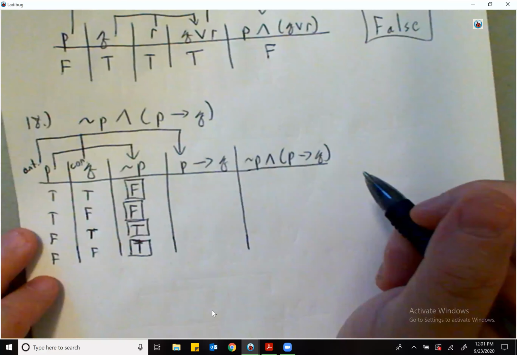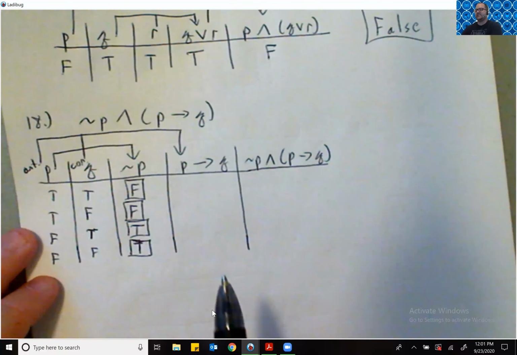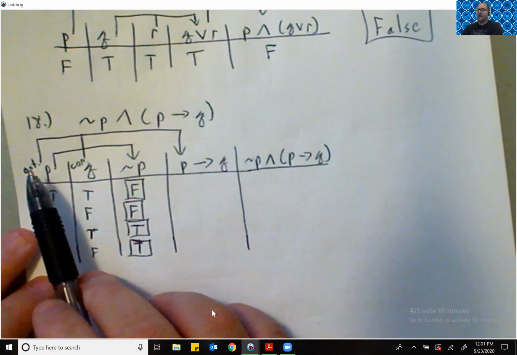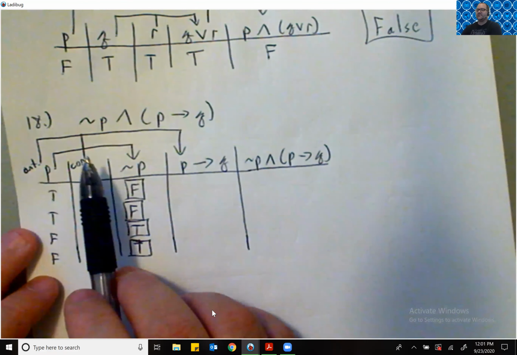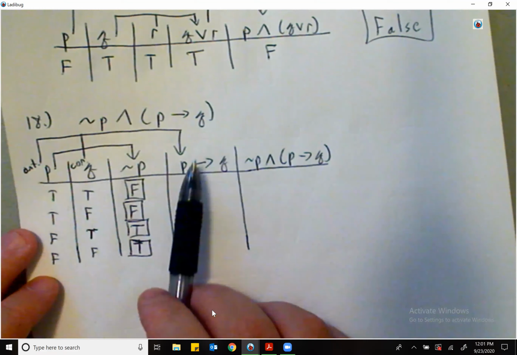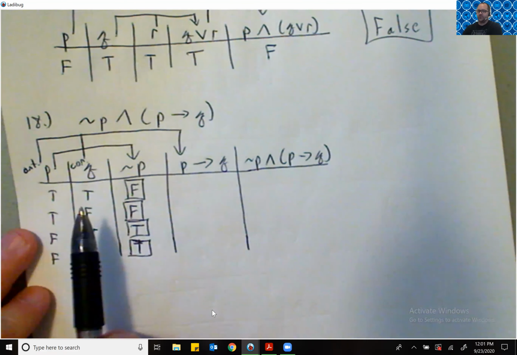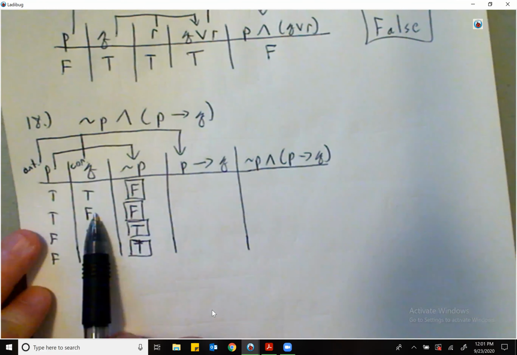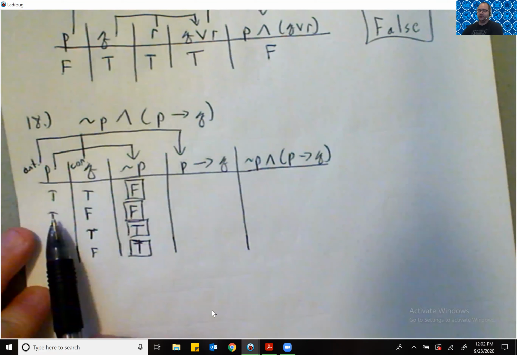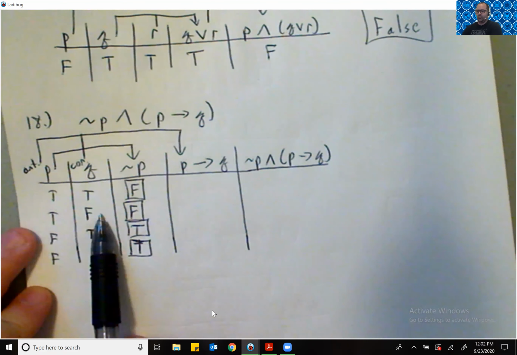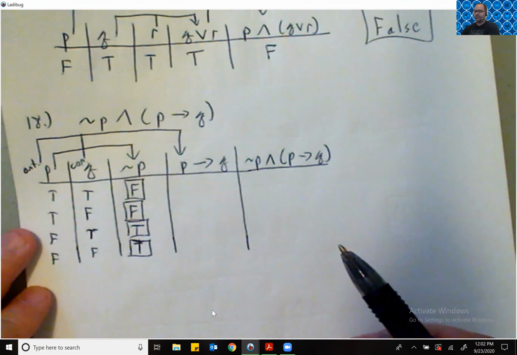But I don't like using P and Q. It's better to say the antecedent and the consequent. So this is only going to be false if the antecedent is true and the consequent is false. Conditionals are only false when the antecedent is true and the consequent is false. This is why you need to look at the order very carefully.